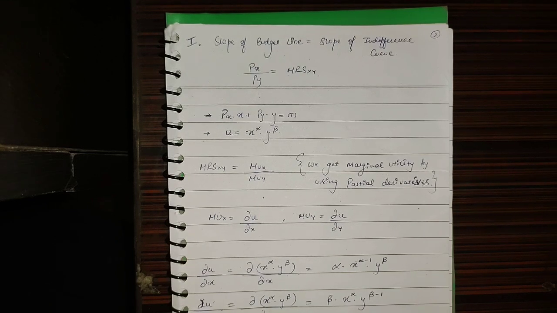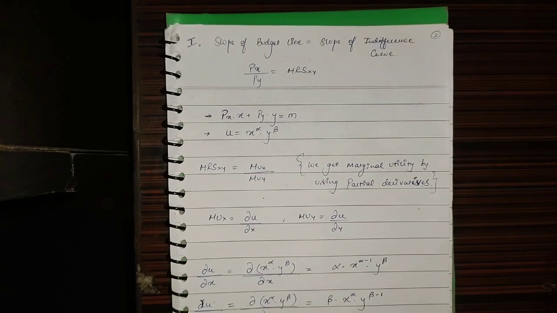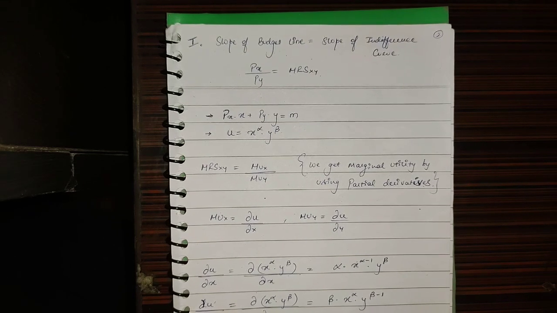The first method to derive the equilibrium condition and the optimal quantities of the output is to equate the slope of the budget line to the slope of the indifference curve. Before delving into the mathematical derivation, let me give you an intuitive idea first.